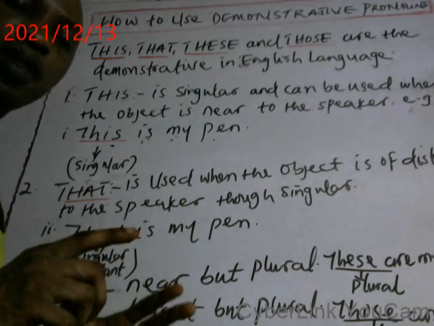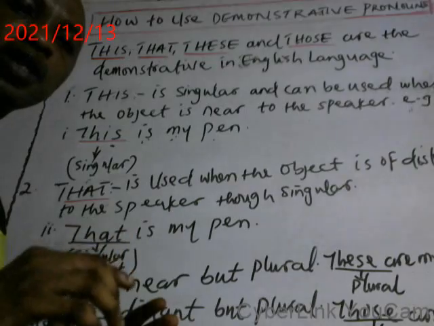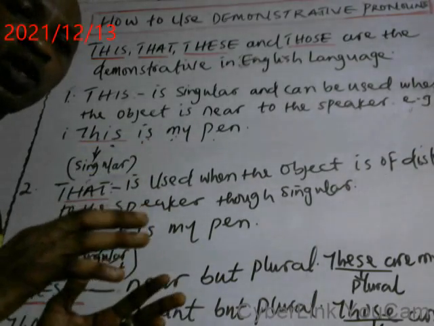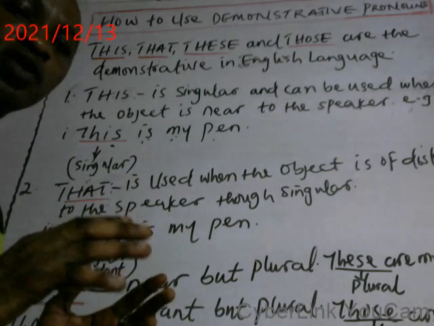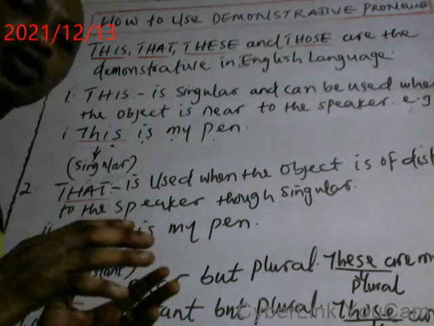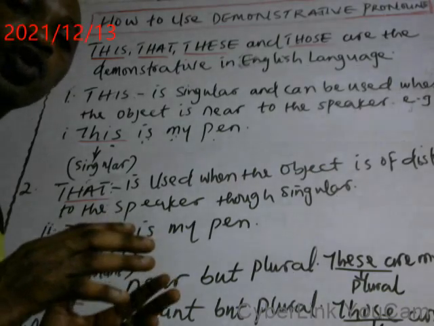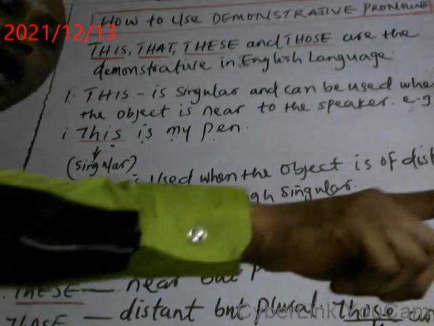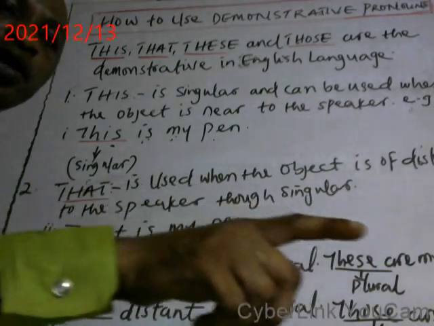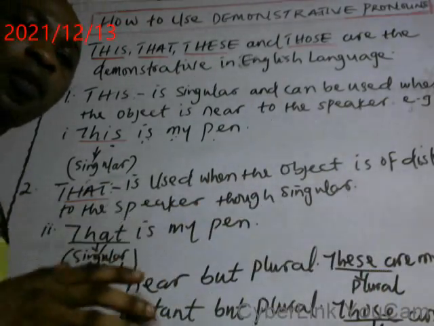Not only that, but also, the object I'm referring to is of considerable distance to me. On the basis of these two peculiarities, I can use those. Those are my pens. Those are my markers.